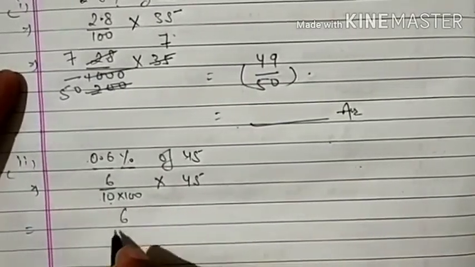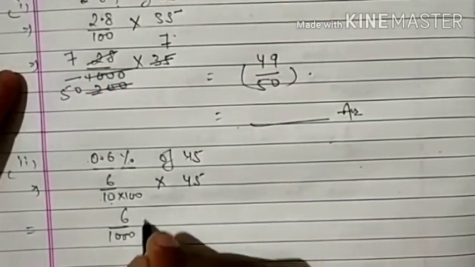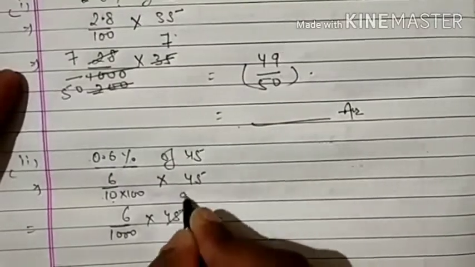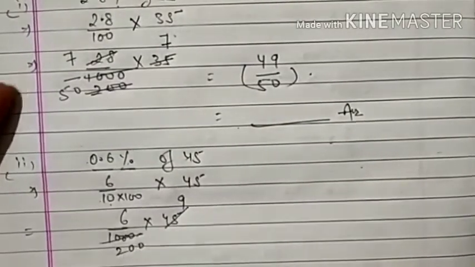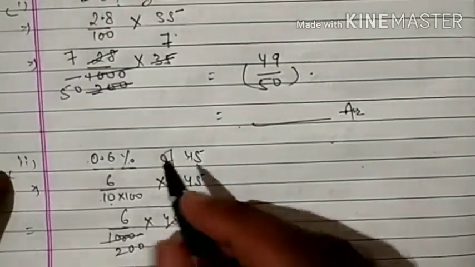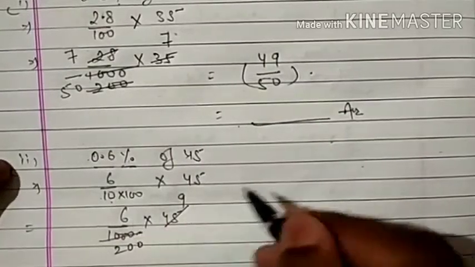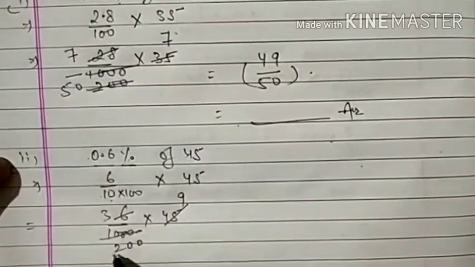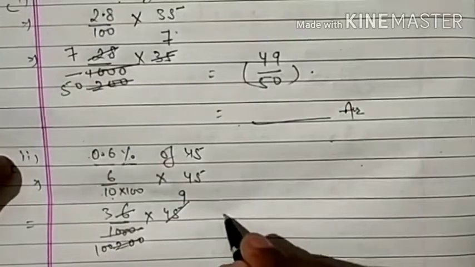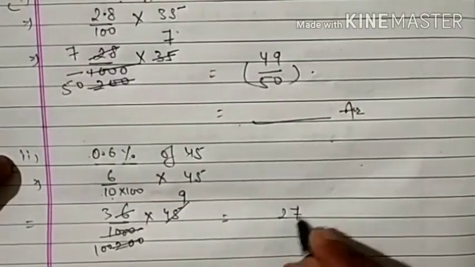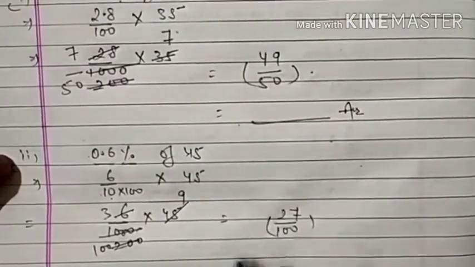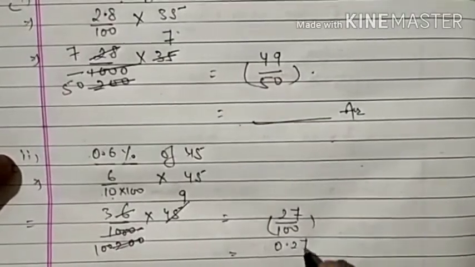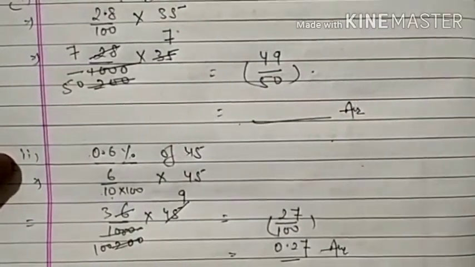So what can we write? 6 by 1000 into 45. 5 9s are 45, and 5 will divide 1000 200 times. Again 2 3s are 6, and 2 will divide 200 100 times. What do we get? 9 3s are 27 by 100. So 0.27. This is our required answer.